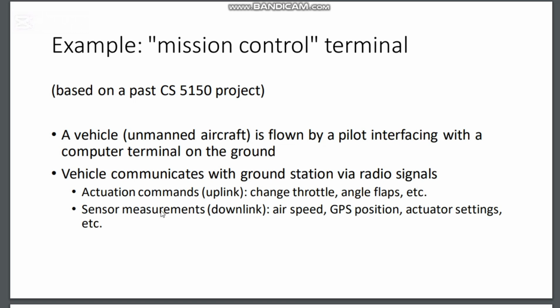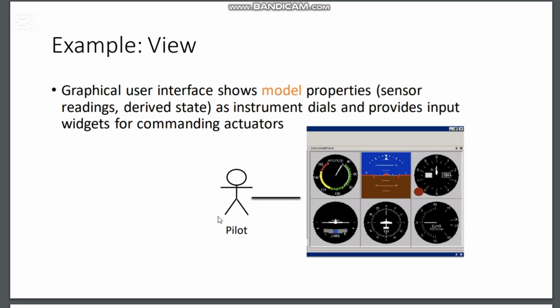This is basically sensor measurements. Example view: the graphical user interface shows model properties as instrument dials and provides input widgets for commanding actuators.